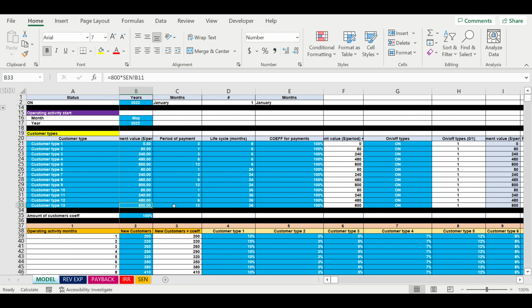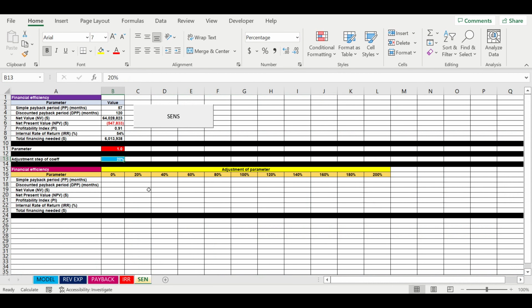So now coefficient is added, and now I'm just going back to sense and press the sense button here, and we will see what will happen with the financial efficiency if this value increases or decreases.